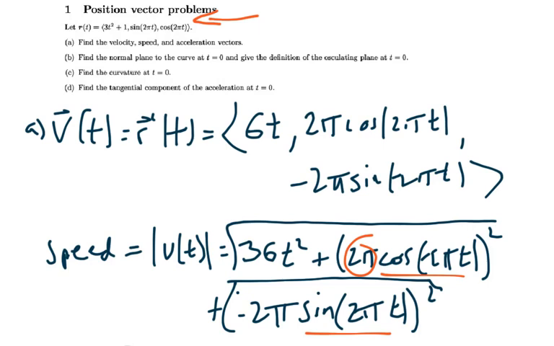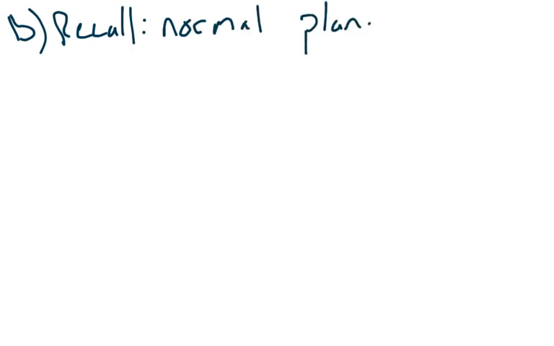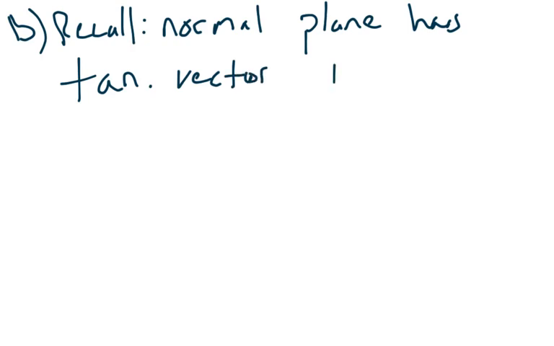Let's look at part B. Find the normal plane to the curve at t equals 0 and give the definition of the osculating plane at t equals 0. So recall, the normal plane has normal vector given by T, so we're going to set T of 0.